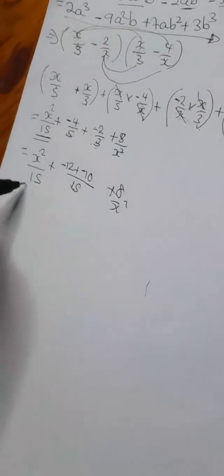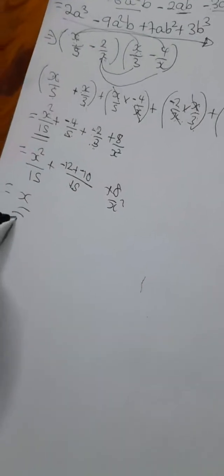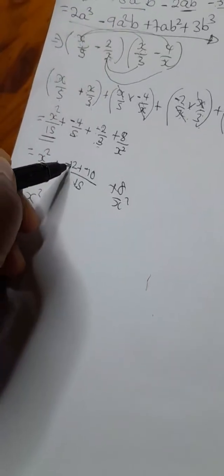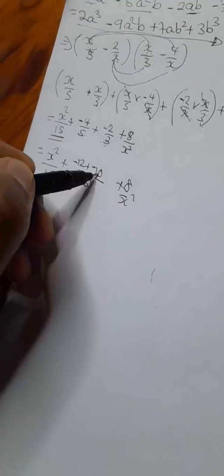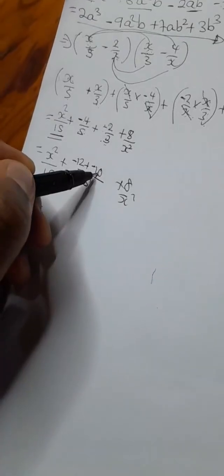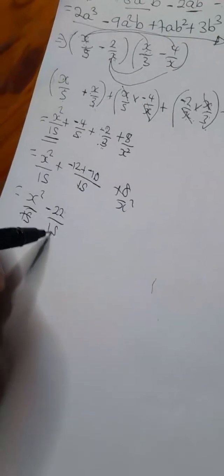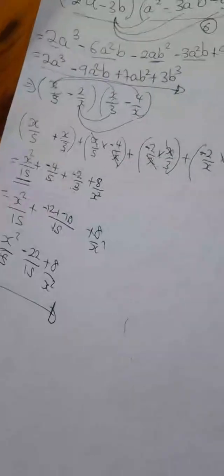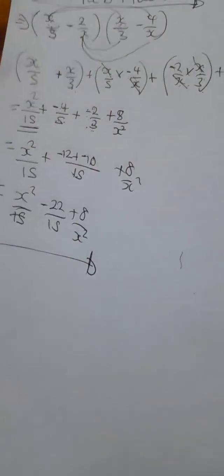Plus 8 over x squared, which is equal to x squared over 15, minus 12, minus 10. What do we get? It's x squared over 15 minus 22 over 15 plus 8 over x squared. We are done. That is our maths.